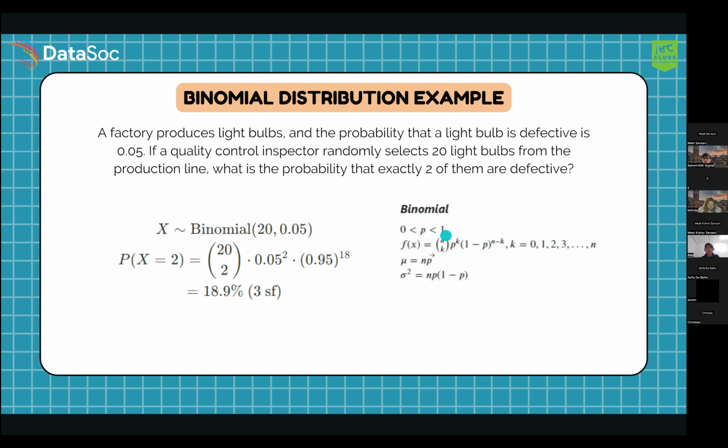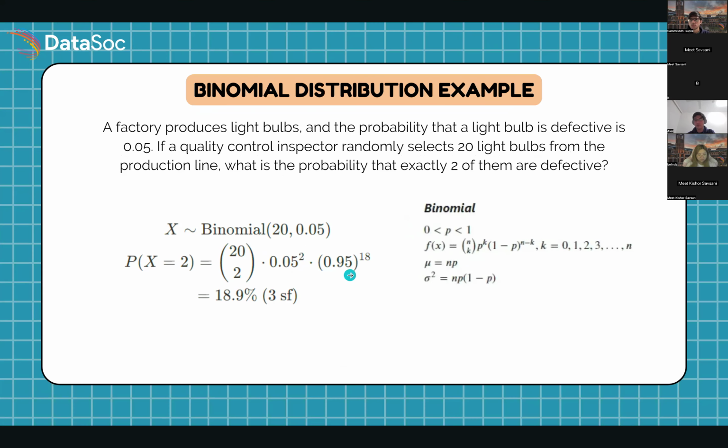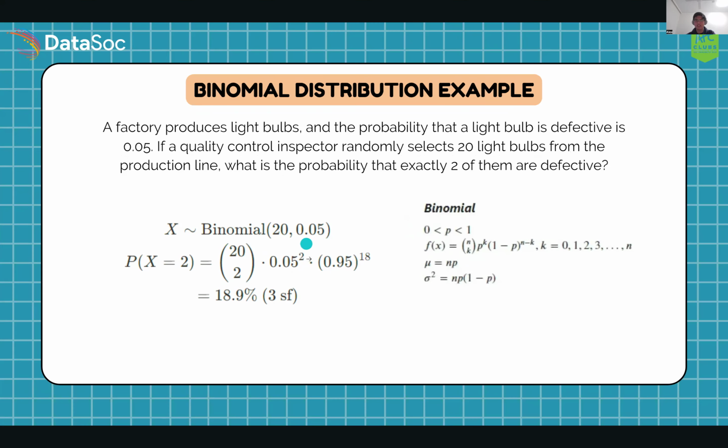And if we go back to our formula, we can use this probability function formula, which states that we do 20 choose 2, which is the number of trials choose the number of successes, times the probability of success to the power of the number of successes, which is 2, times the complement of success, which is a failure, to the power of the number of failures, which in our case will be 18, calculated by taking the number of trials minus the number of successes, which is 2.